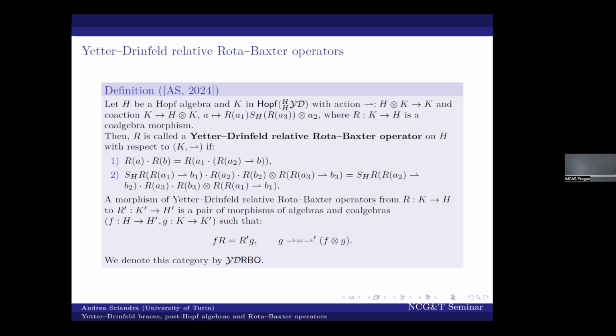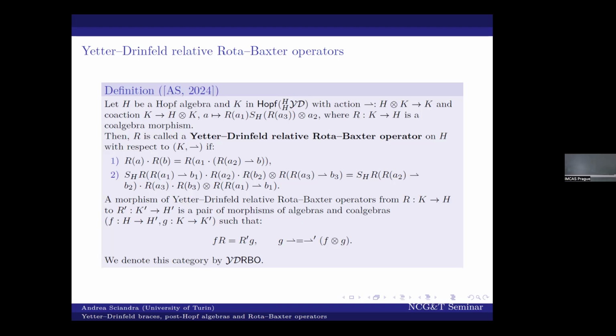But okay, you can see that if your starting H is co-commutative, this is trivial. You can change A1 with B2, and that's not A1 with A2 and B1 with B2, so that's no problem. In fact, we also have the definition of a morphism of Drinfeld Rota-Baxter operators, which is clearly given by a pair of morphisms between the domain and the codomain, satisfying some equalities.